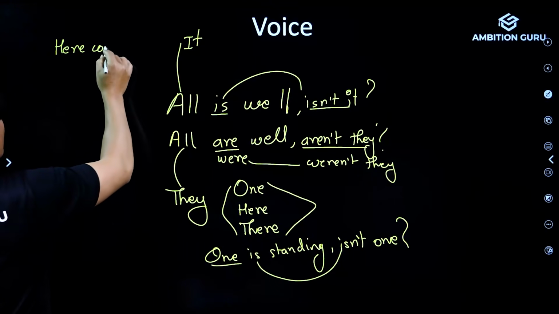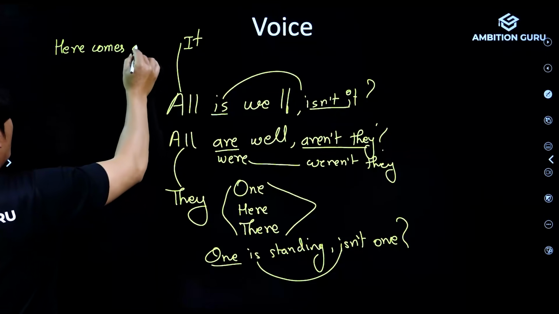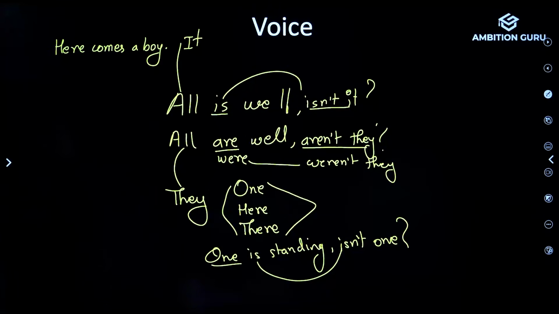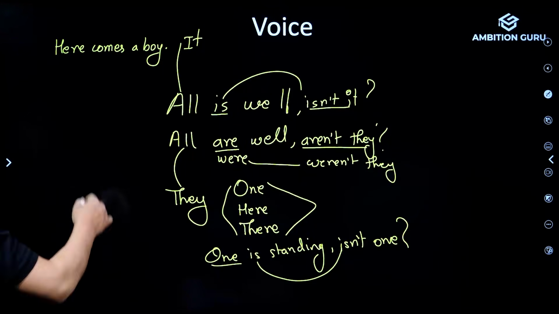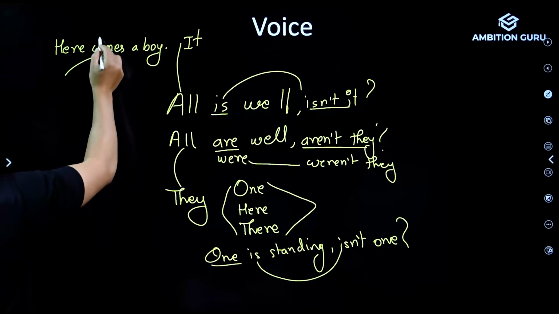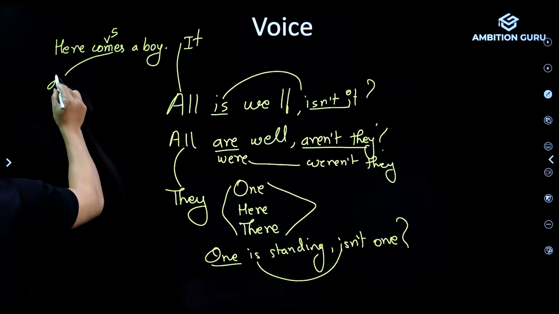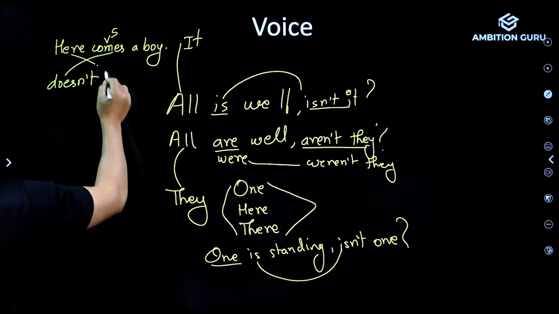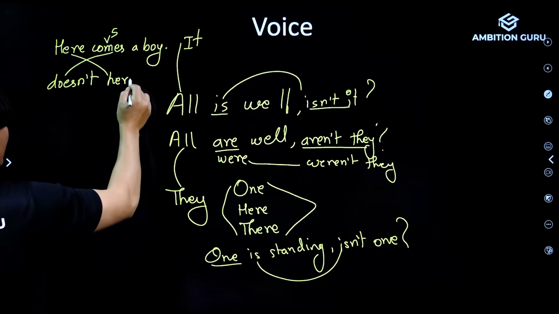Suppose here comes a boy. So what's its tag question? Here comes a boy. Very good answer, Devas, Jitendra, Pujan, Junes, Bipin, Kushum, Sriyom. Because comes is present tense, we write here does, and the negative is doesn't. And here remains the same, so doesn't here.